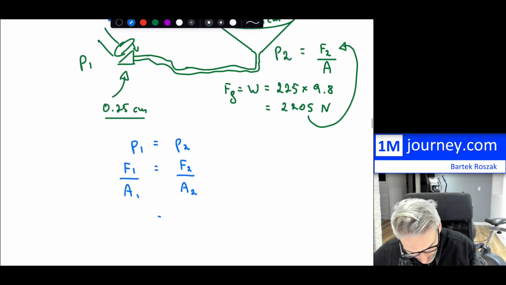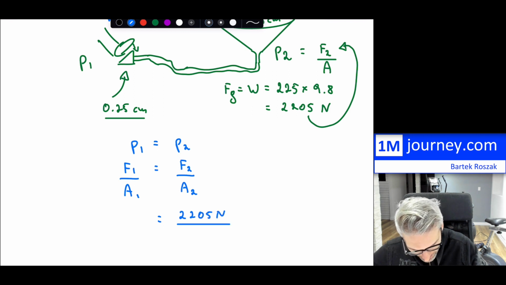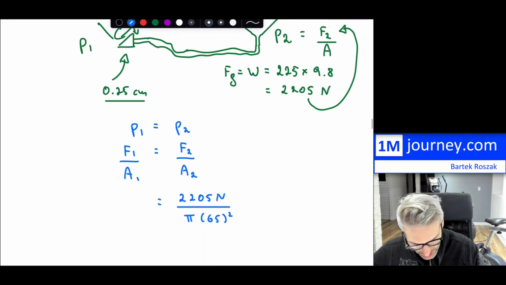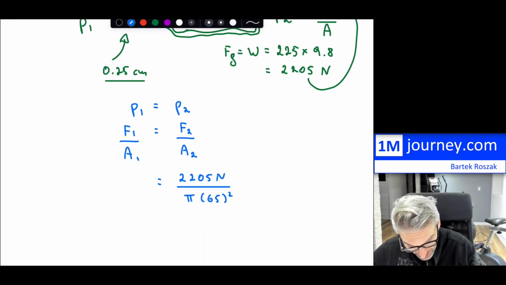Well, we've just found the force, it's 2,205 newtons, divided by pi times the radius of 65 centimeters squared. So this is what we have over here. Now you can change that to metric standards. I'm not changing it because I'm going to utilize just centimeters on the other side. Just make sure that the units are consistent.